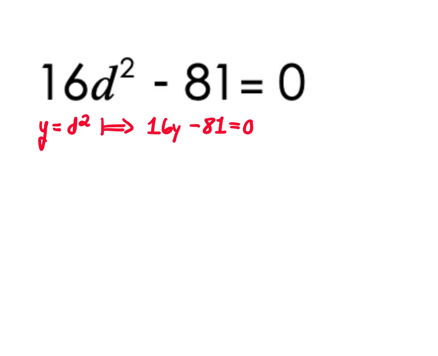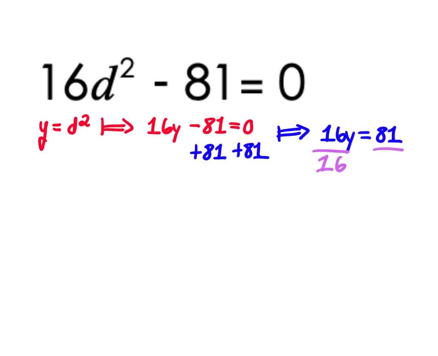We're going to solve for y by adding 81 to both sides and then getting 16y equals 81. Then we're going to divide both sides by 16. And we're going to get y is equal to 81 over 16.